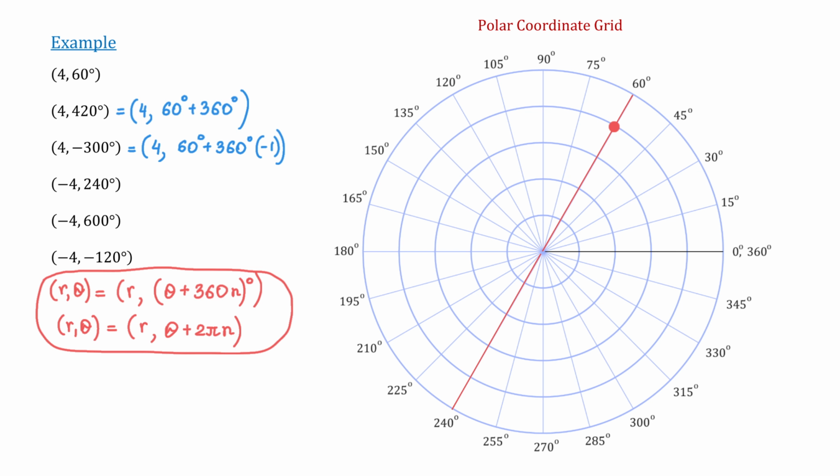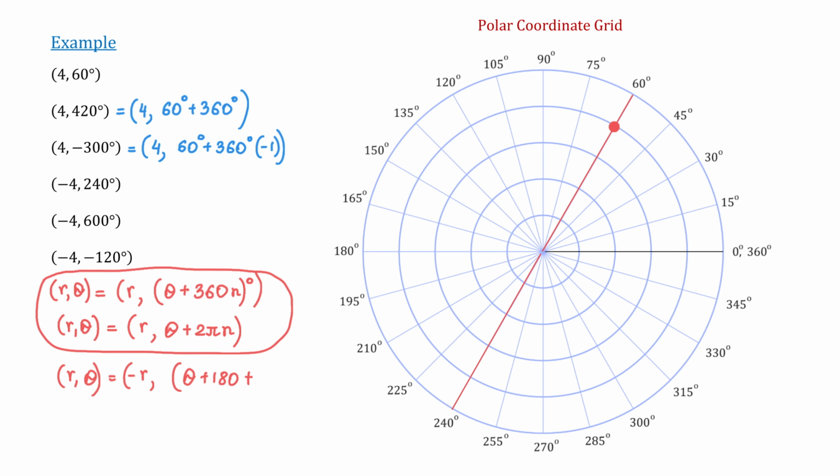So again, here we have r and theta, but now we will change r to negative r. Then to theta, first we will add 180 degrees. So for example, if angle theta is 60 degrees, then if we add 180 degrees, then this is going to be the terminal side.